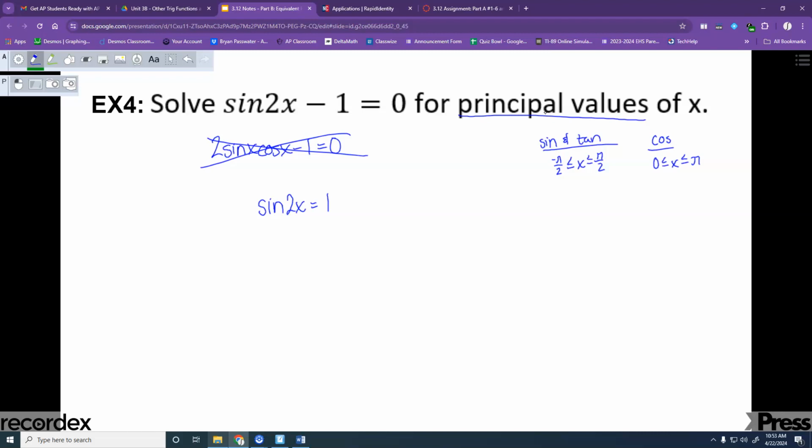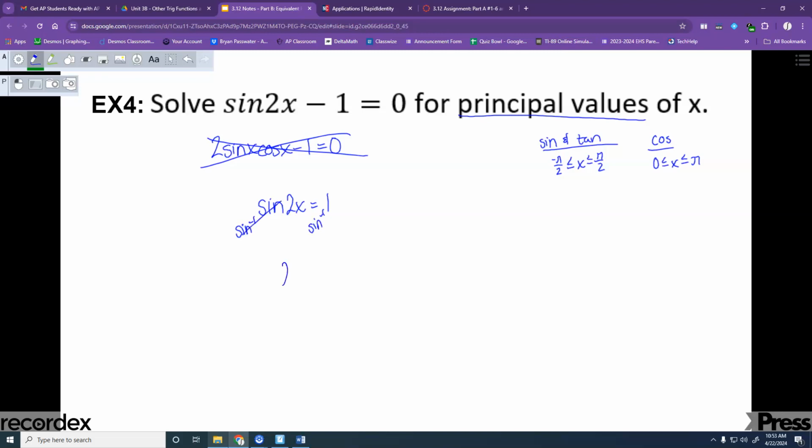Because we might have like cosine of 2x equals 0. It was always 0 when we were doing vertical asymptotes because if the denominator is 0, you have a vertical asymptote. For just solving an equation, it might not equal 0. It might be another value. So if I want to solve this for my x, I need to do sine inverse, right?